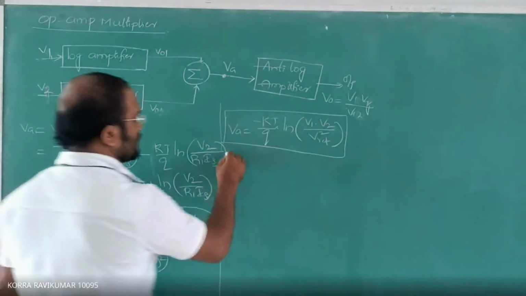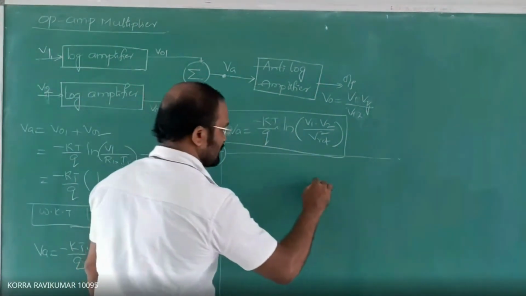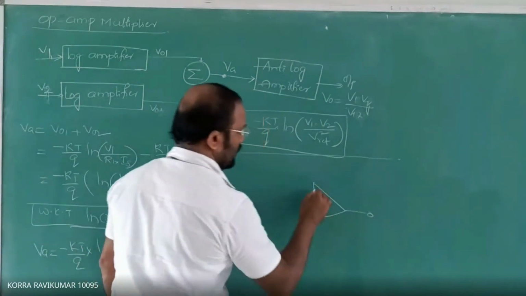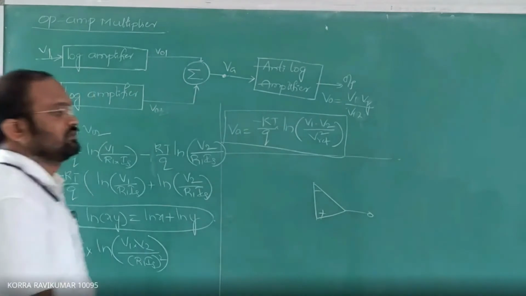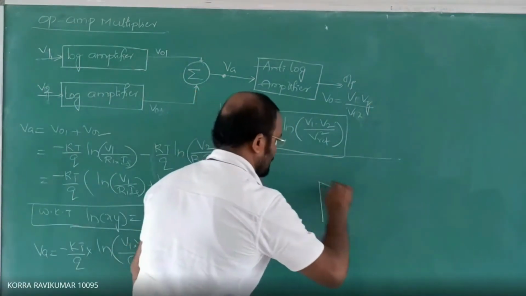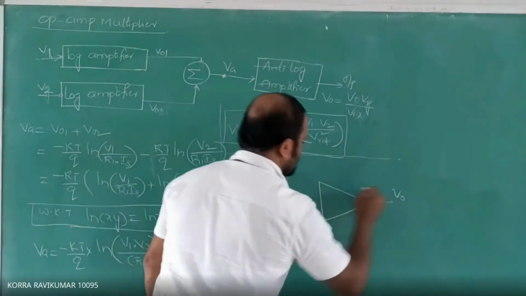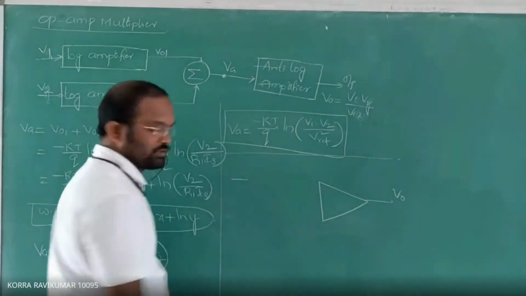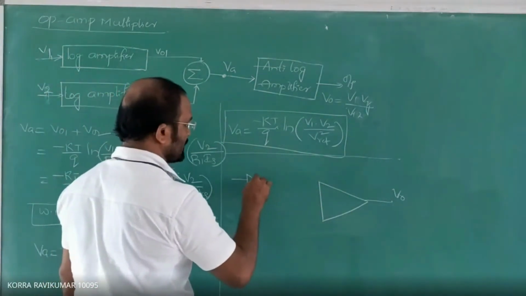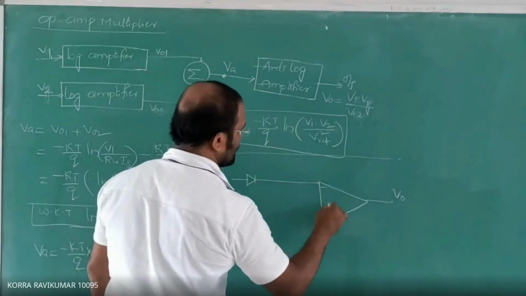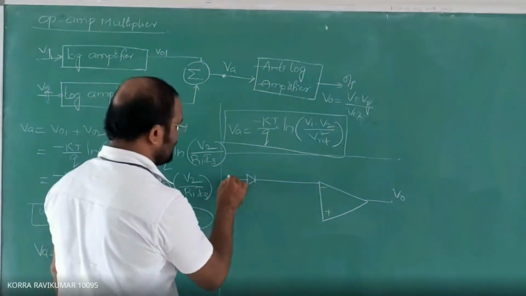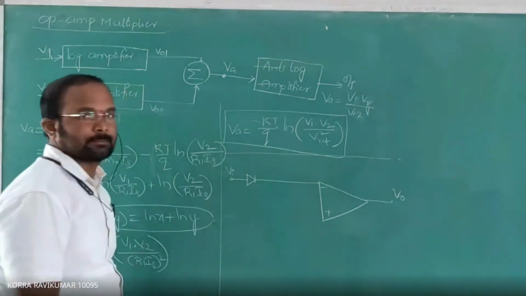So I am going to draw the circuit, the internal circuit of the anti-log amplifier. This is an op-amp having two terminals. Let us draw it properly. Output, and here at the input side there is a component called the active element, that is a PN junction diode, connected to the inverting terminal of the op-amp, and here we are applying the input voltage VI.